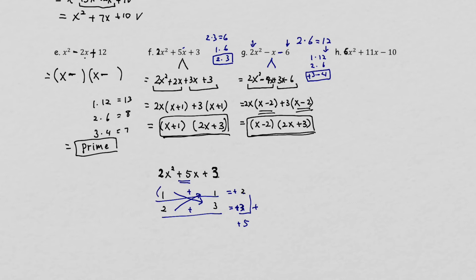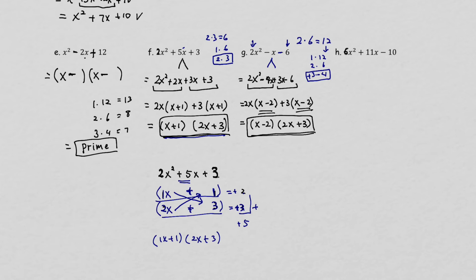So what does this first row mean? Your first row means that 1x plus 1 will be one of your factors, and 2x plus 3 is going to be your second factor. If you compare with this one, that's what you have, so it'll be 1x plus 1 and 2x plus 3. That's how you can find them.